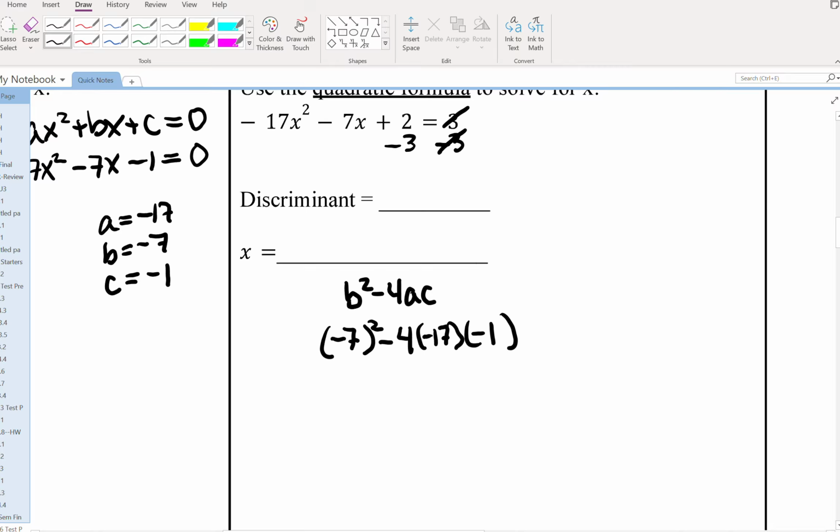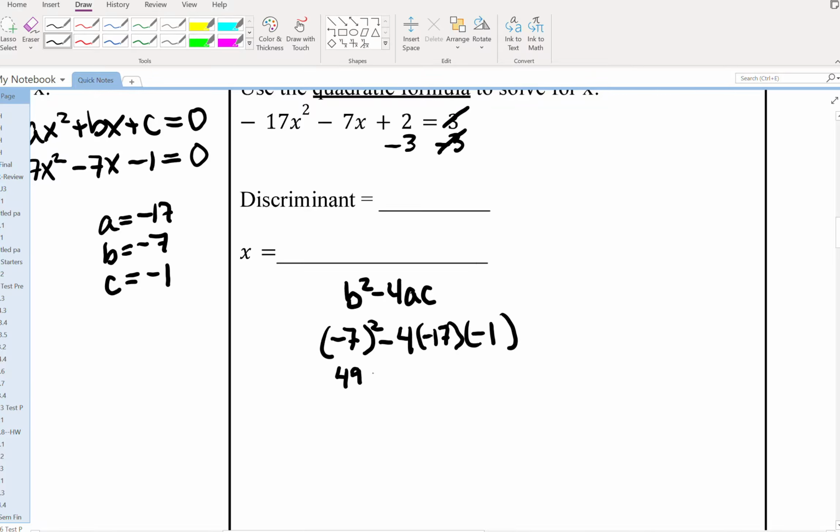You can work through this by hand, with a calculator, or a combination of both. I know that negative 7 squared would be a positive 49. Here I have three negatives, and because I have an odd number of negatives, the answer of that multiplication is going to be negative.